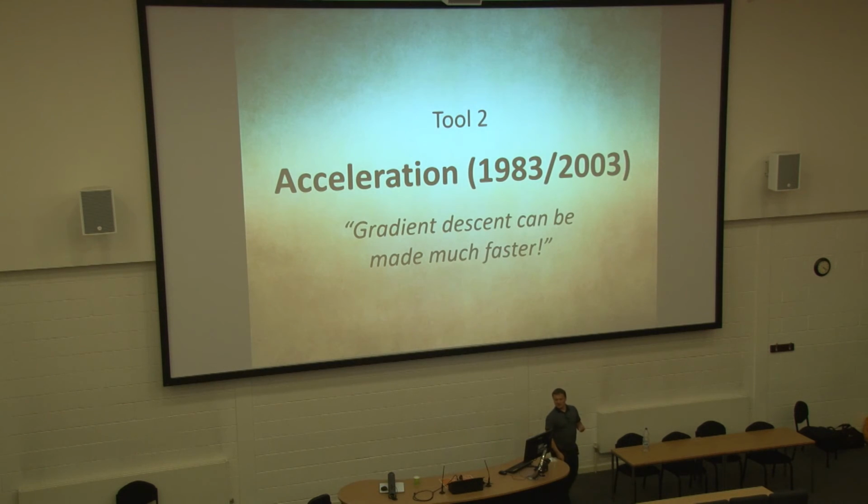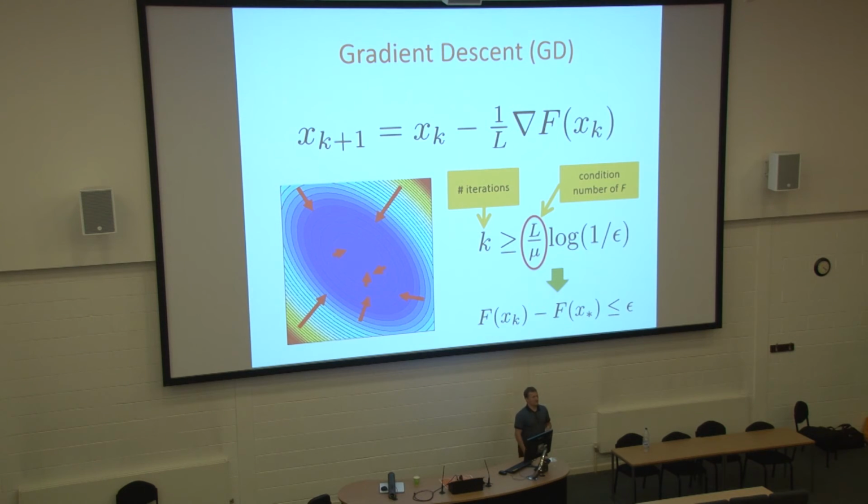So if you have a 10 terabyte data set of images, in order to just compute the gradient, you need to read the 10 terabyte data set. And that takes a long time. And gradient descent is not a particularly fast algorithm. So what will happen is you will need to take tens of thousands of steps of this algorithm, and you will never be able to solve the problem unless it's not so big a problem.